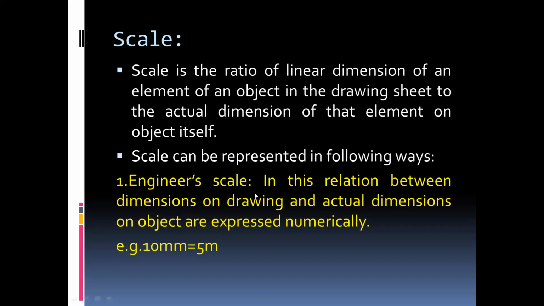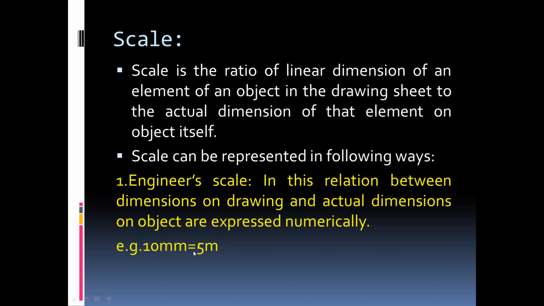In this, the relation between dimensions on the drawing and actual dimensions on the object is expressed numerically. It is similar to the scale that you take when you draw a graph on graph paper.